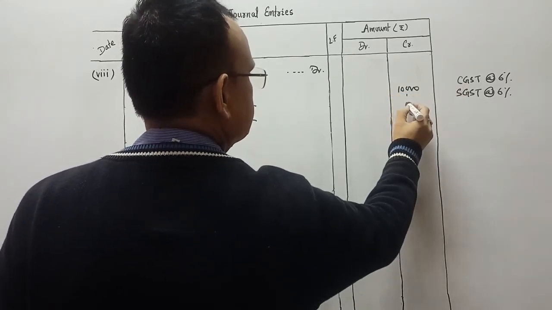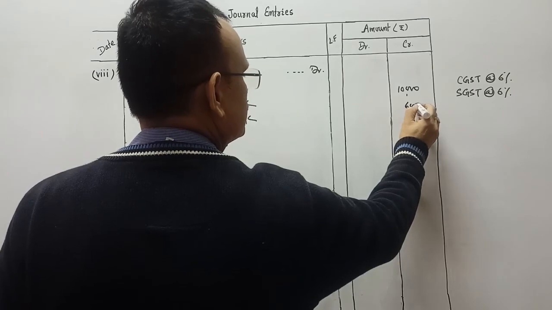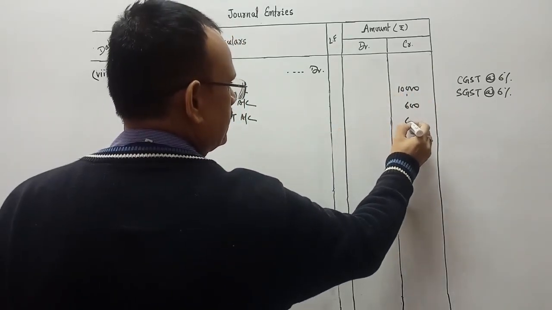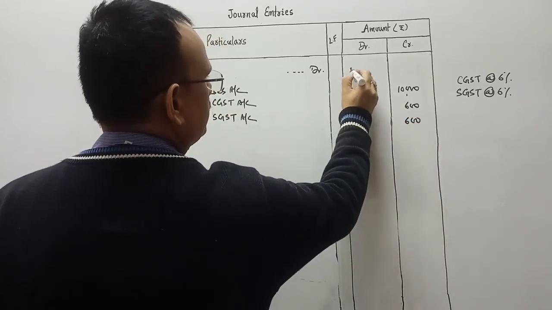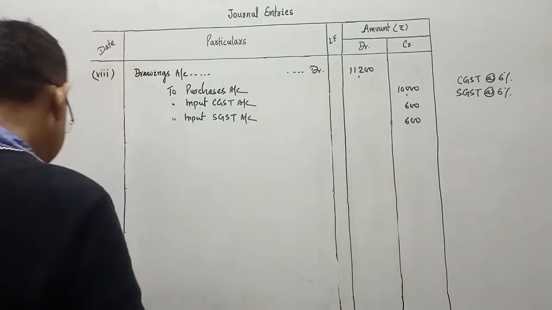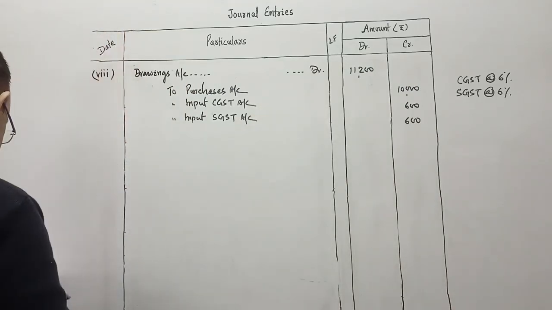CGST and SGST are at the rate of 6%. So 6% of 10,000 is 600 and 600. The total after adding these three is 11,200.